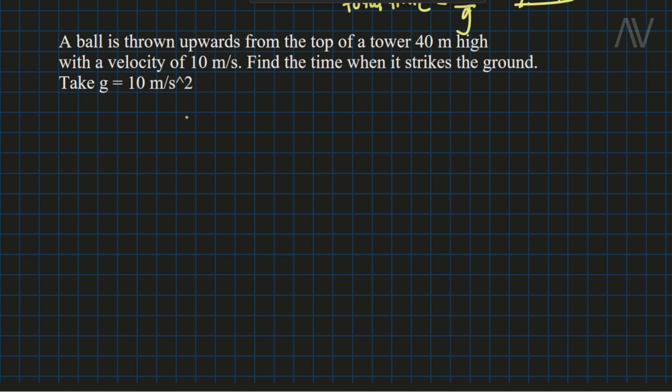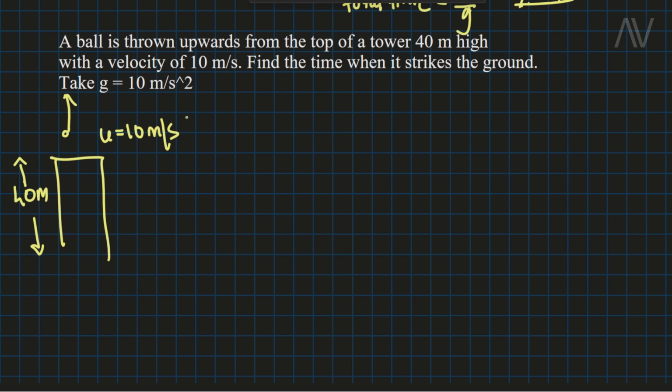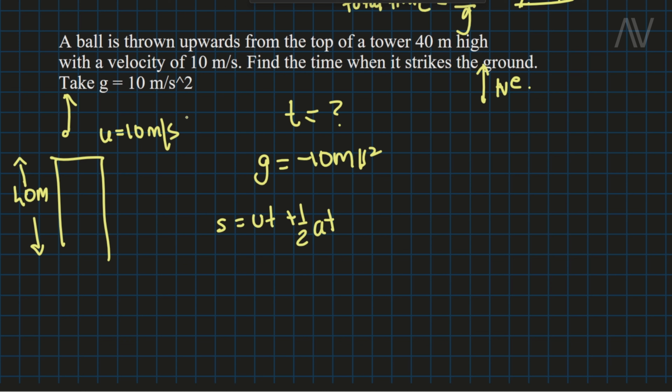A ball is thrown upwards from the top of a tower of 40 meters height with a velocity of 10 meters per second. Find the time when it strikes the ground. Over here we are taking upwards as positive. We can directly substitute the values in the equation s = ut + ½at².